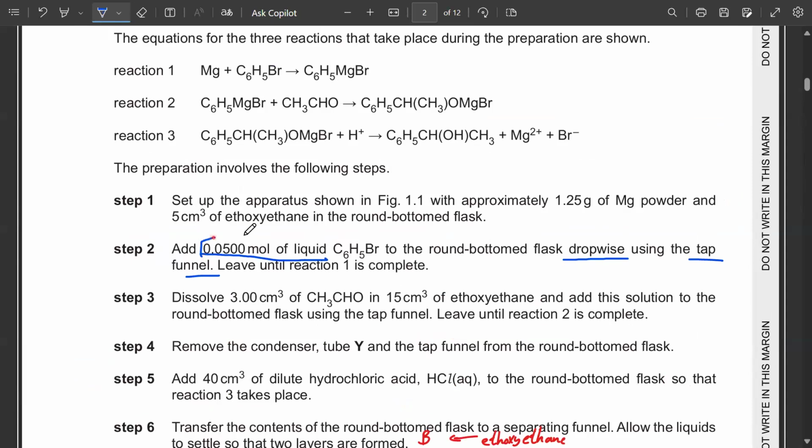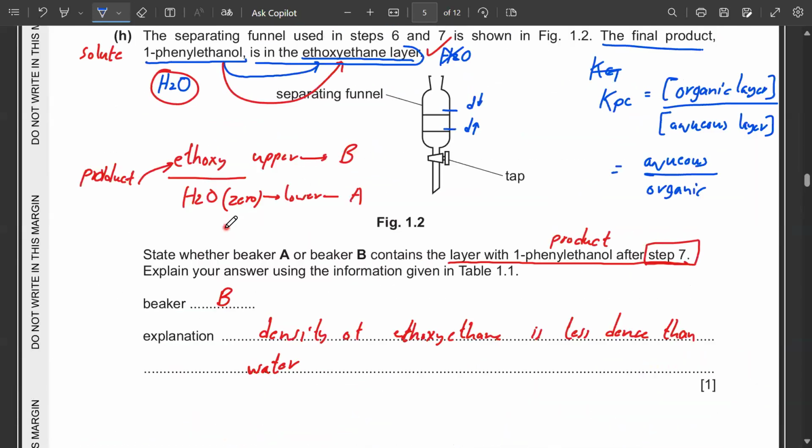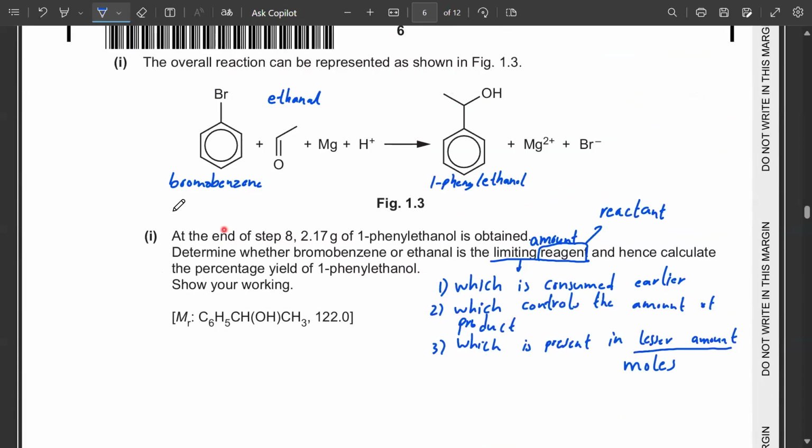Exactly. The moles is already provided. That means you do not need to calculate it. So 0.05 mole is already mentioned, so I'm just going to write that here. 0.05 moles. What about ethanol? Do we have the moles or do we need to calculate it?